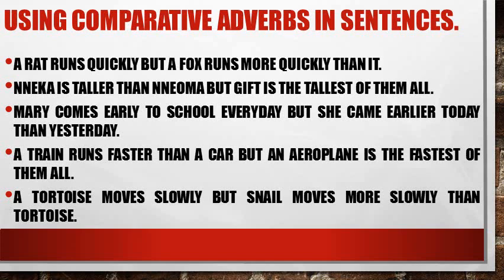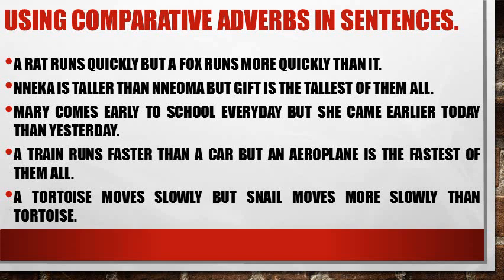A tortoise moves slowly. Now if you see example number 1 and example number 5, you will understand what I'm trying to tell you. In example number 1, that which has the lowest degree, the lowest, in calculating how fast each of these animals move.